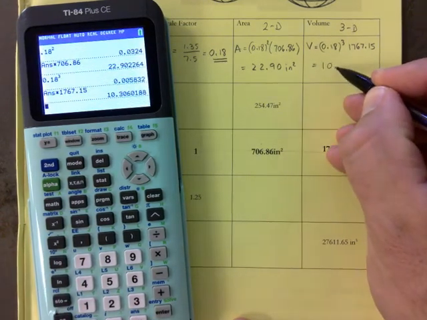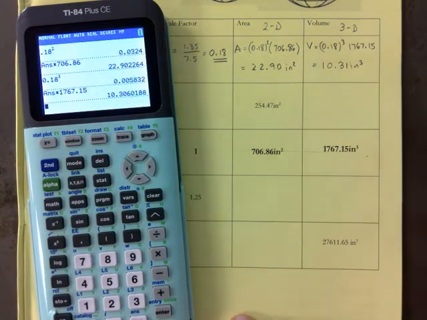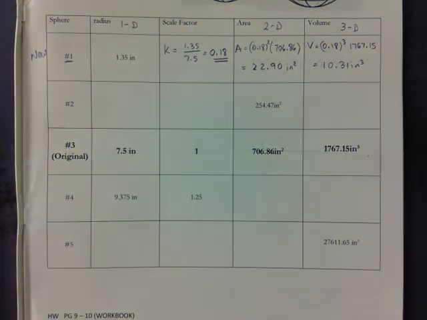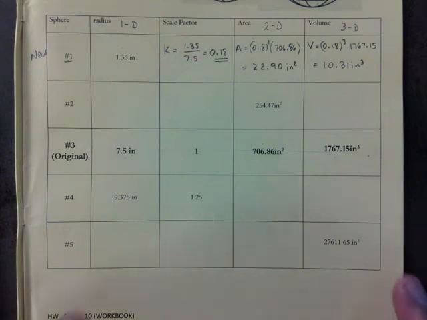So the new volume is, and if I round it, it's this many cubic units. Make sure you write that down. So this is basically just one of those problems I've been giving you, just compacted into a table. We can do this, guys.